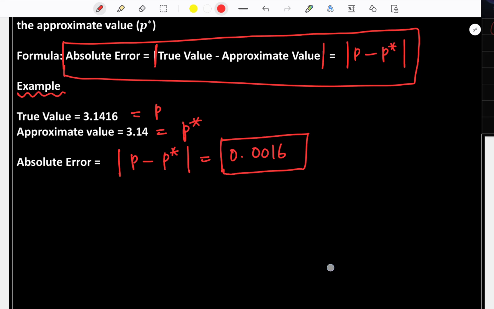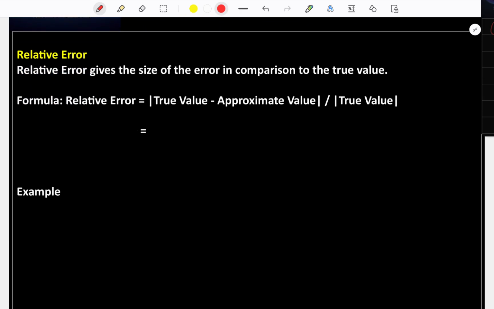It's so simple, right? Let's go to the next definition, relative error. So what do you mean by relative error? The relative error is always going to be positive. Absolute error is also going to be positive. Why? Because there is an absolute value. The definition says that relative error gives the size of the error in comparison to the true value.